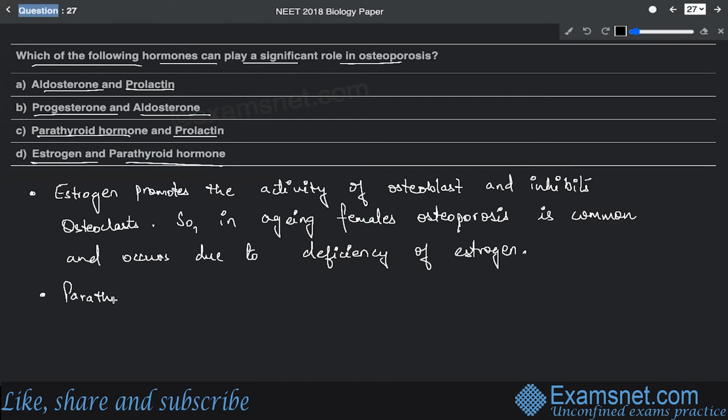All right. So the next hormone is parathyroid hormone, which is also known as parathormone. Parathyroid hormone promotes mobilization.